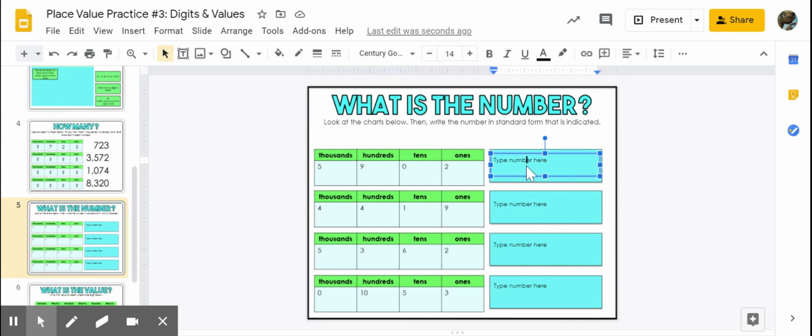So what I want you to do is type the number in the blue box to the right. So I would type 5. Don't forget your comma, because that is 5,902. And that's it. You're going from writing it in place value column to writing it just as a plain number. This is called standard form, and we're going to be talking a lot more about standard form next week.